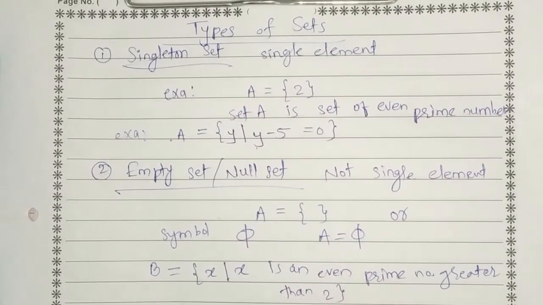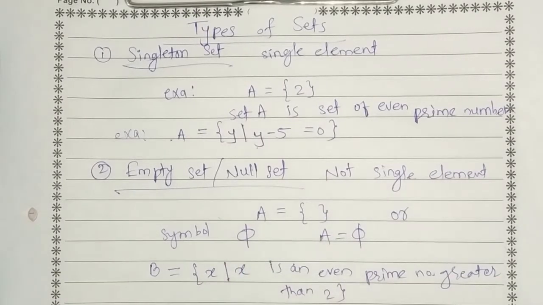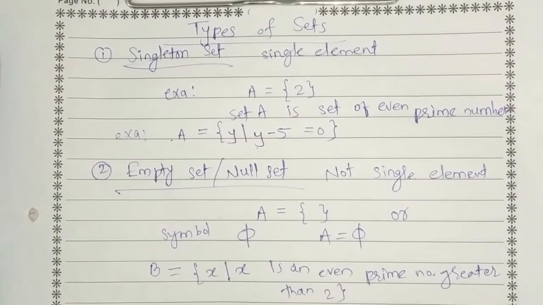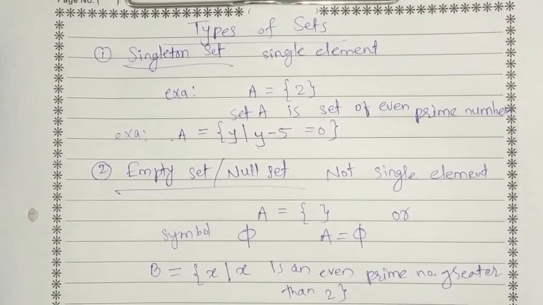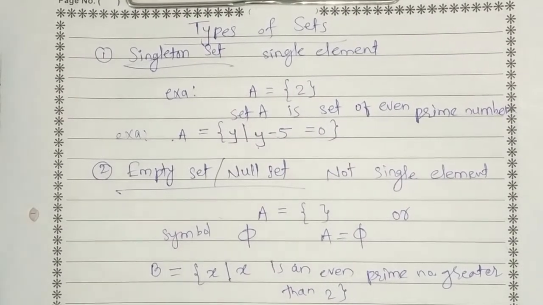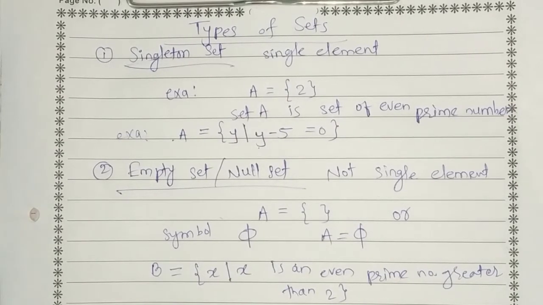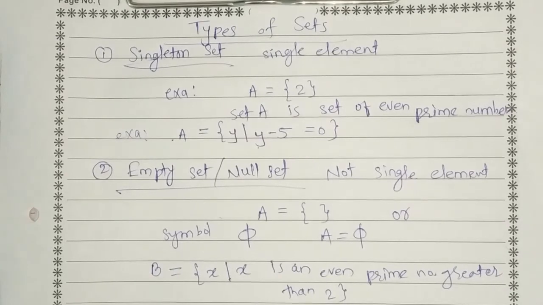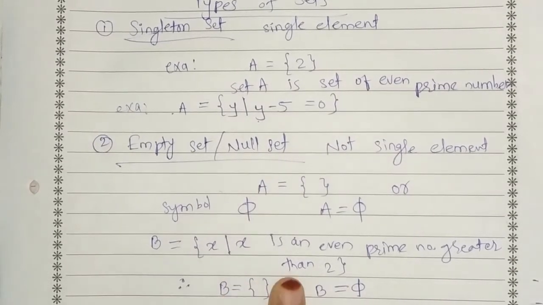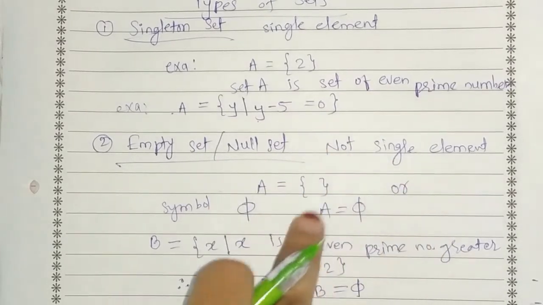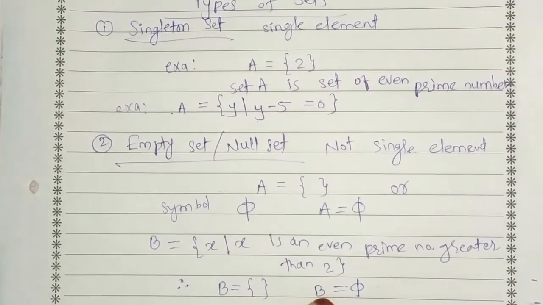Therefore we know that there is no such prime number greater than 2 that is even, so B will be an empty set. You simply write B is equal to phi. Like this you can also represent it. So here B is a phi set or an empty set, not having a single element which satisfies the condition.